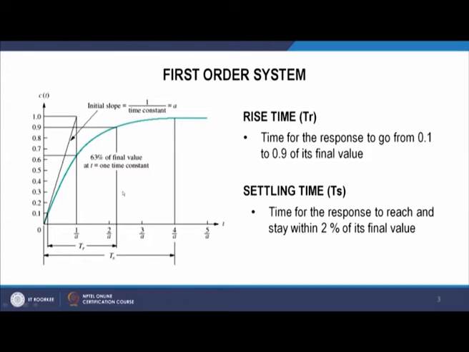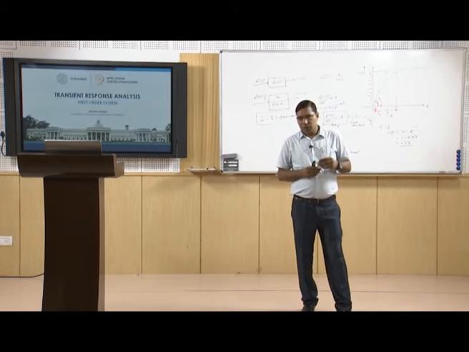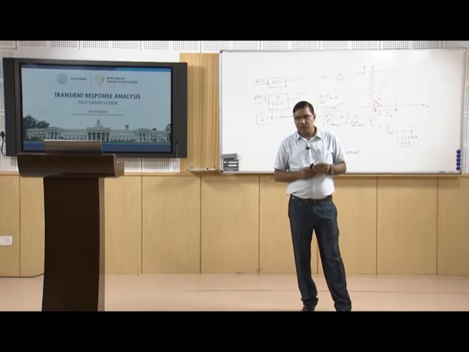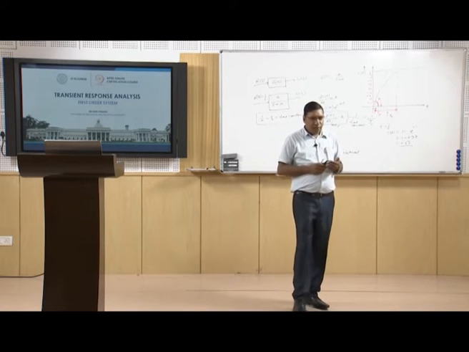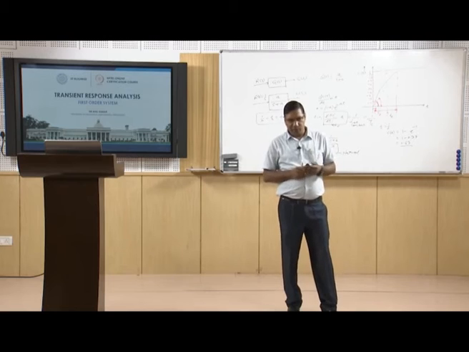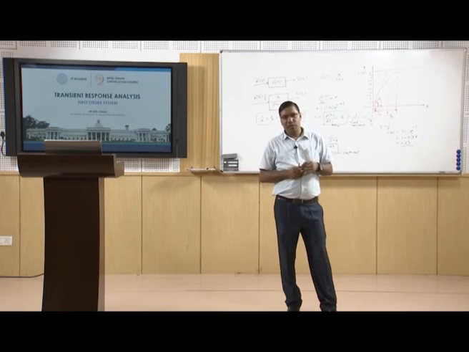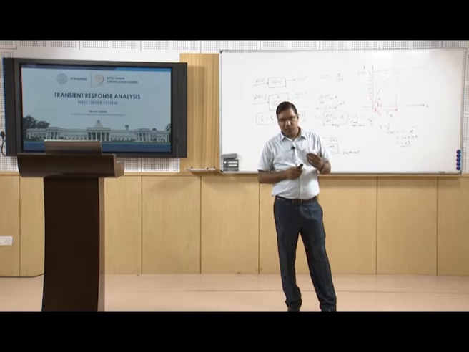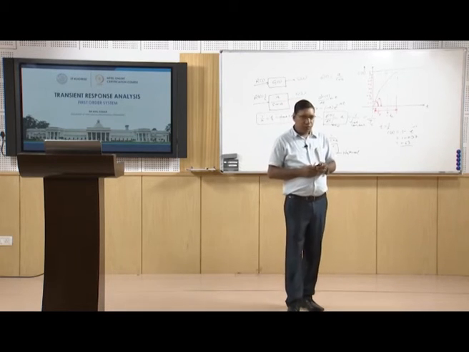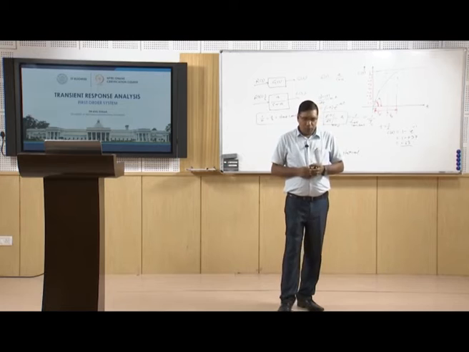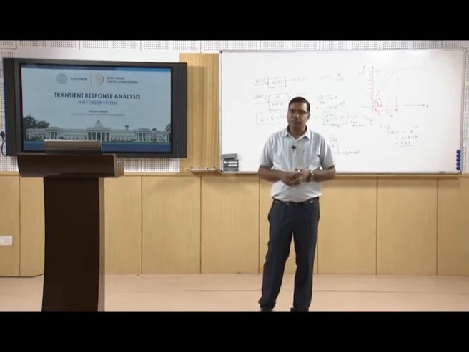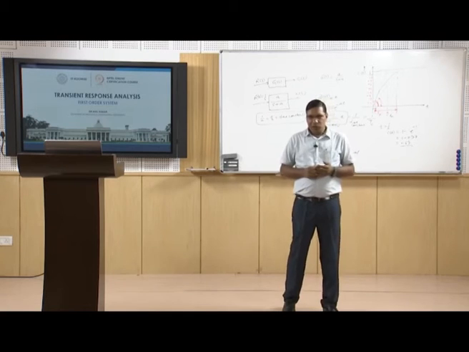So, we see that time constant, rise time and settling time are the 3 transient response specifications of a first order system, and we can characterize the first order system from the response by calculating these times of the response. Now, in case of a first order system, we see that there is no overshoot.